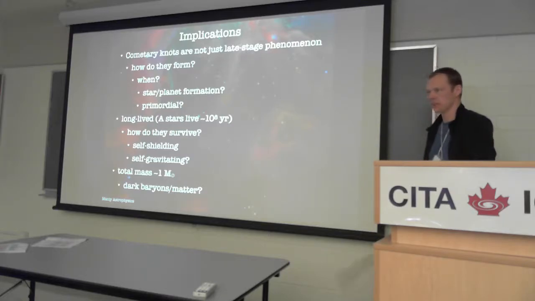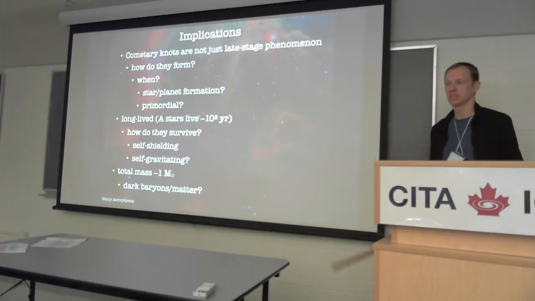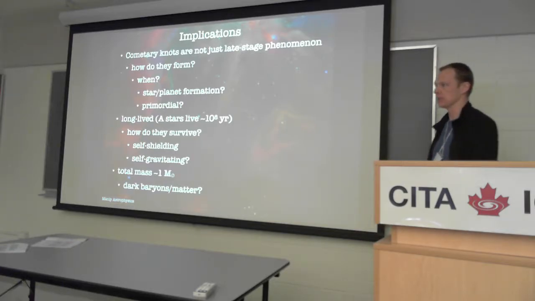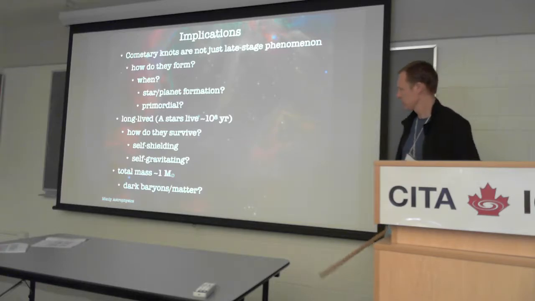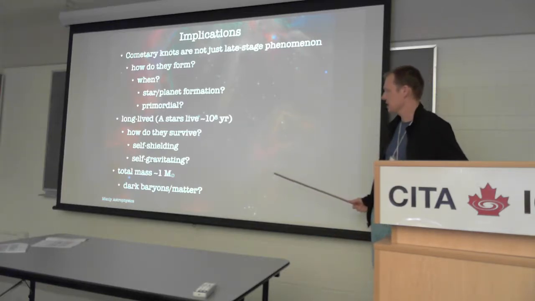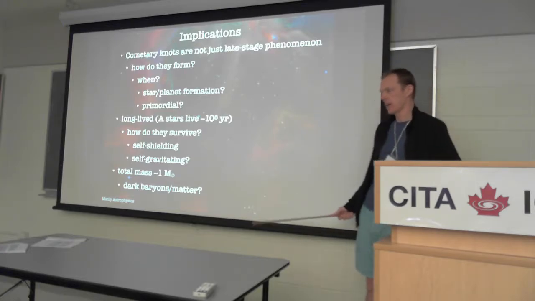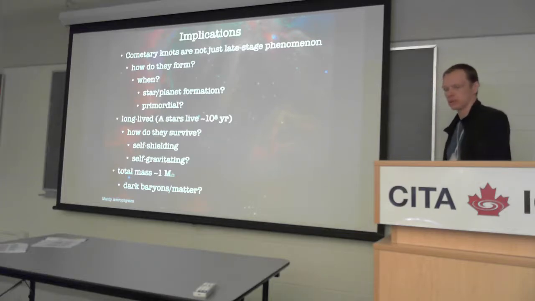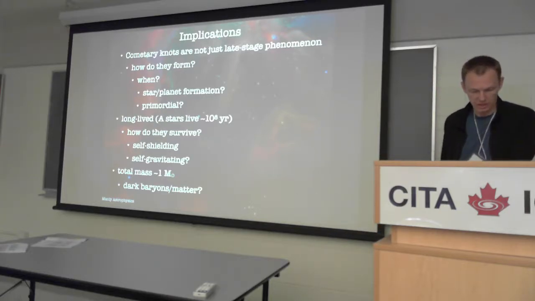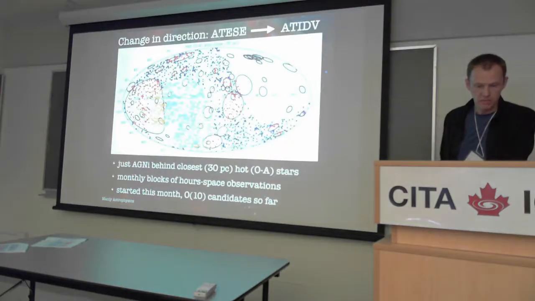Irradiation is not a problem because they are so dense that they are very strongly self-shielding, with enormous survival times. Could they be self-gravitating? And if they are, what is the total mass? Are there implications for the dark baryon problem, or perhaps the dark matter itself? That is not really known.